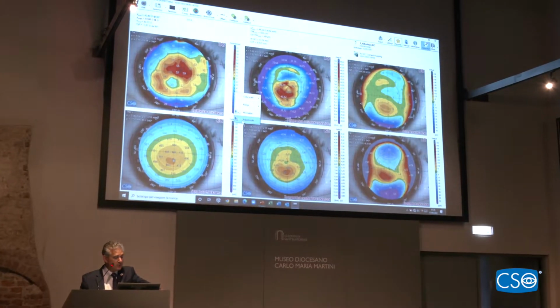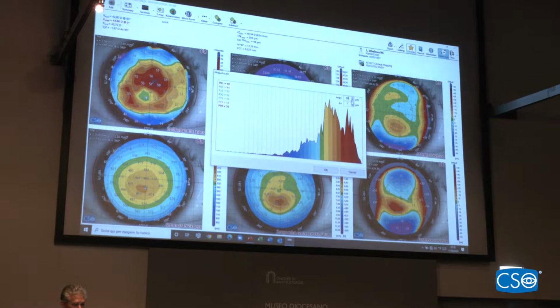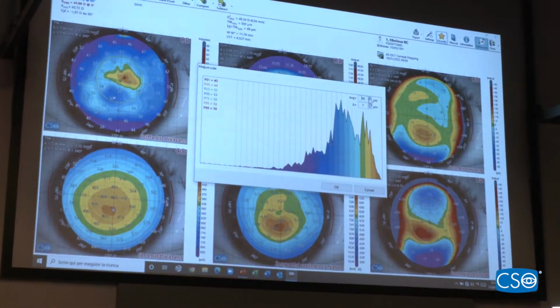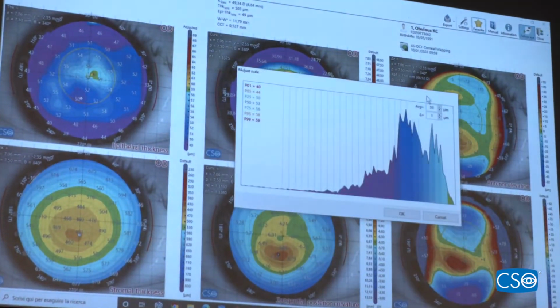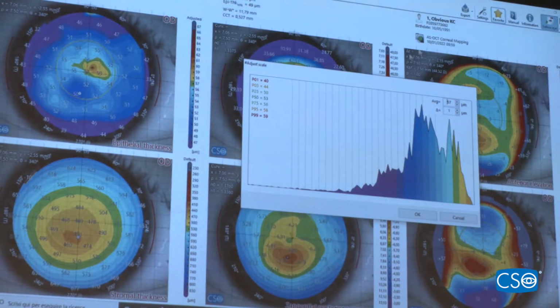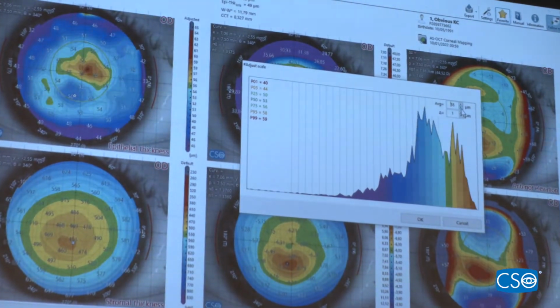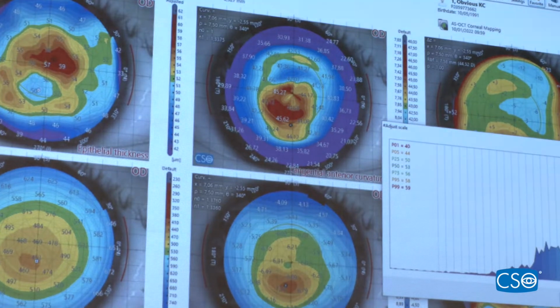Also, you can adjust the scale, so you can change the point at which the break point between green and blue is, which can be used to emphasize things. If you don't adjust color scales, and you just glance at this, it doesn't look so abnormal. It's exactly the same data. But if you look at it like this, then it looks very scary.